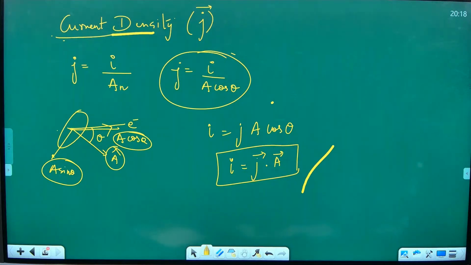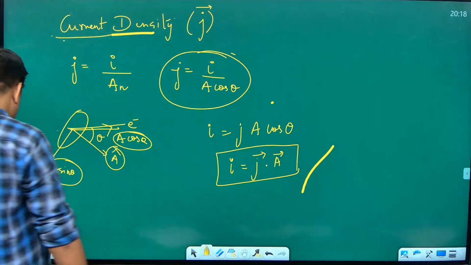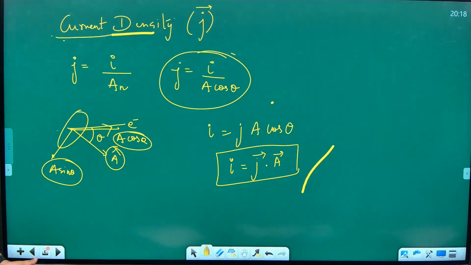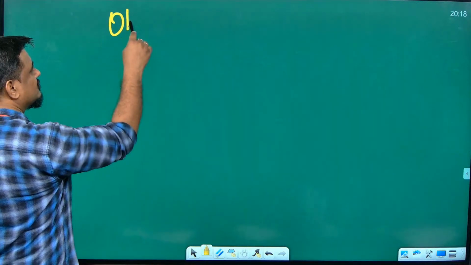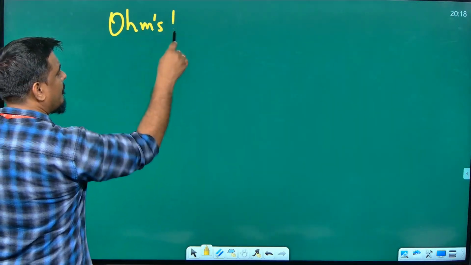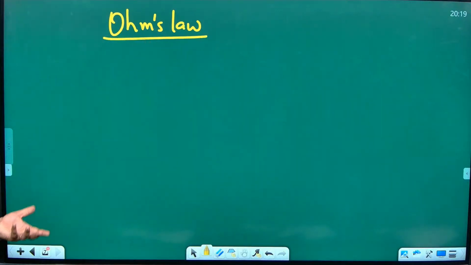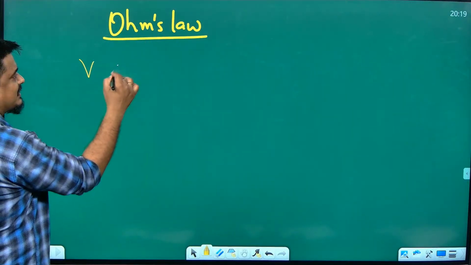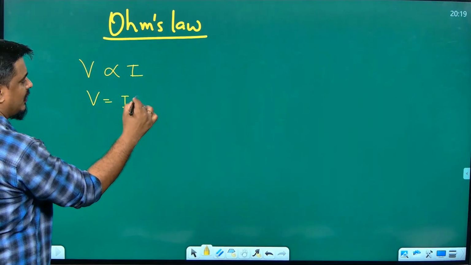Now you can write Ohm's law, the famous Ohm's law. Most of you will be aware of what is Ohm's law. I need not even teach it. V is proportional to I. V is equal to IR.